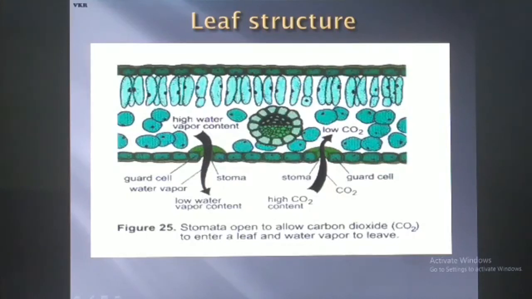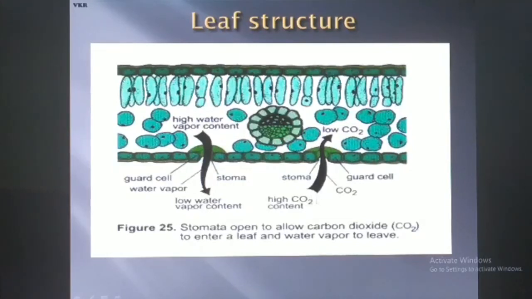It moves from higher concentration to lower concentration. You recall the concept of diffusion. So when the water vapor concentration inside the leaf is high, it will move out, and if it's higher outside, it moves in, right? Similarly, at the same time, when the stomata opens, the carbon dioxide, as per the concentration, moves out or in.